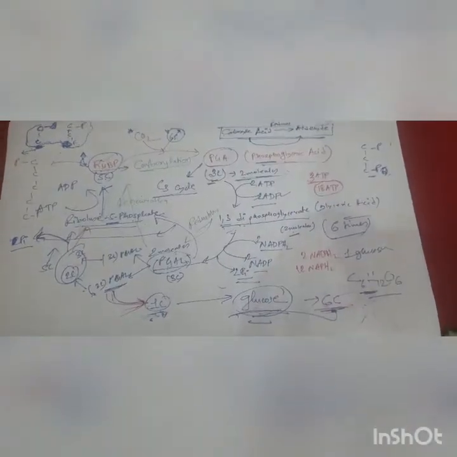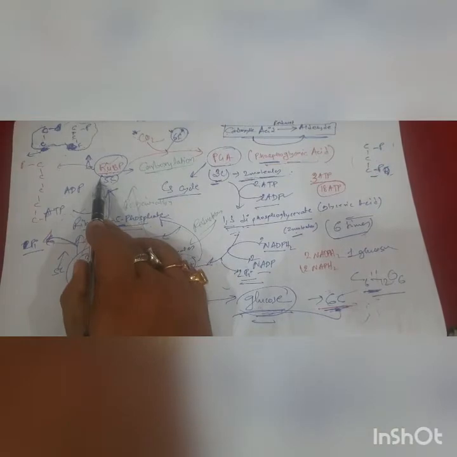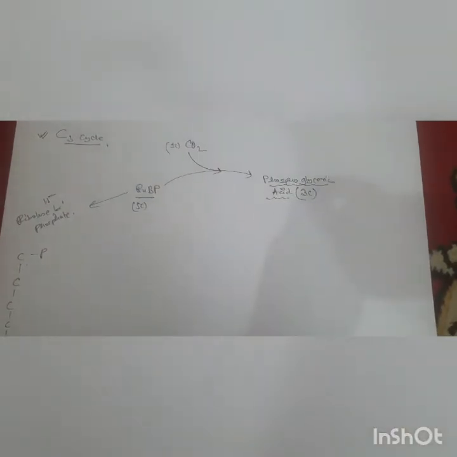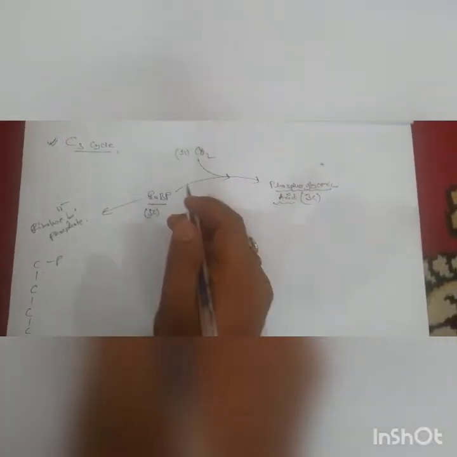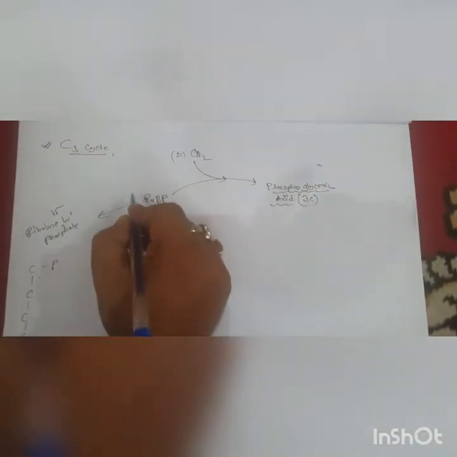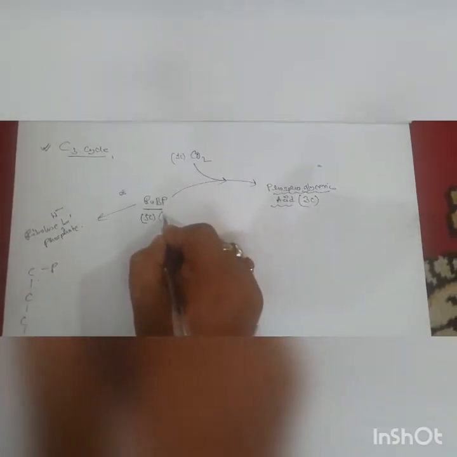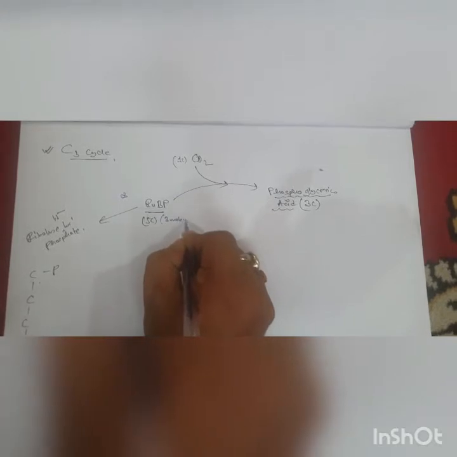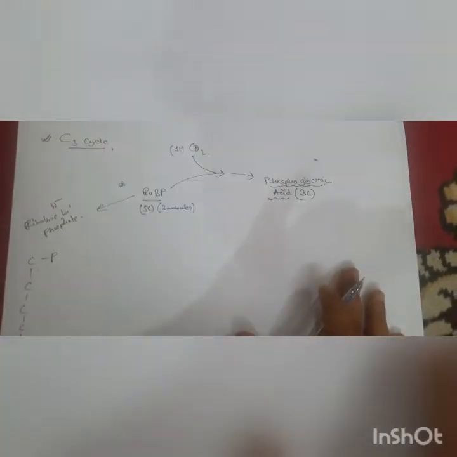But today what we will do is, here we have taken 1 molecule of RuBP, a CO2 has come and PGA has come. Here we have done one molecule, but here we will understand with 3 molecules. First we will consider that there are 3 molecules, to make the stoichiometry even.